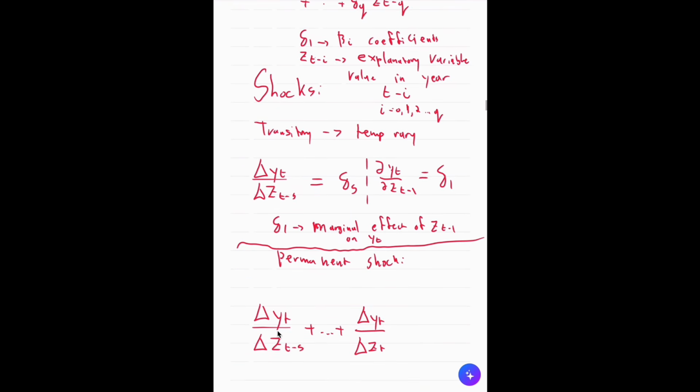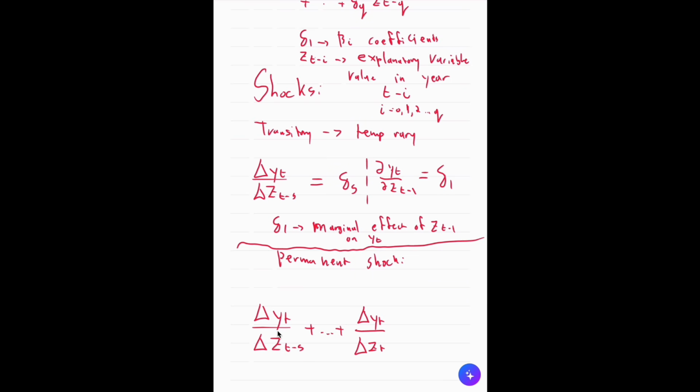So let's think of shocks with the finite distributed lag model. If you think of transitory or temporary shocks, you would just say, what is the change in the dependent variable in the given year, divided by the change in the explanatory variable in year t minus s?